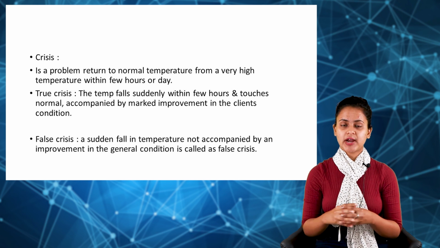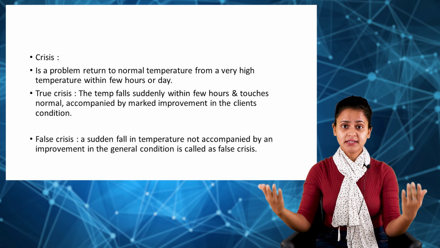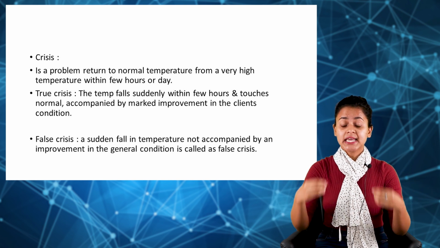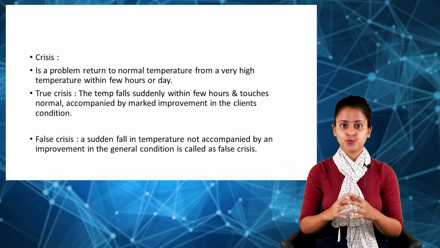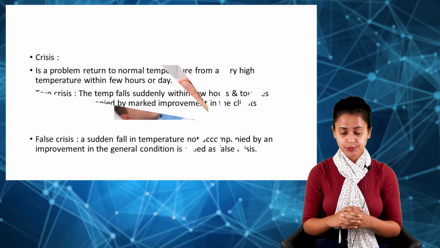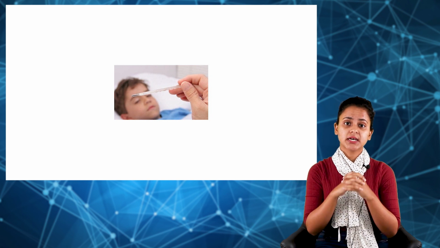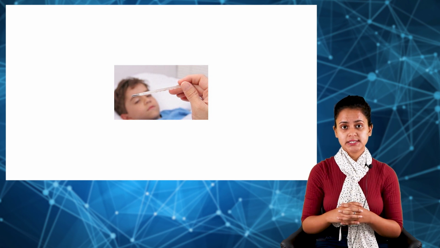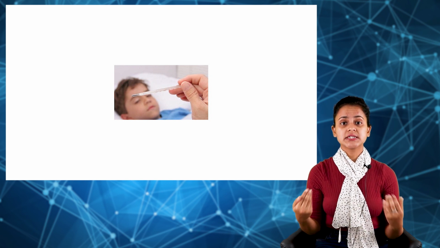So in case of crisis, a client develops a very high fever and suddenly, within a few hours or days, even without any treatment, the high body temperature comes down. This crisis can be divided into two basic categories: the first is known as true crisis and the second is called false crisis.